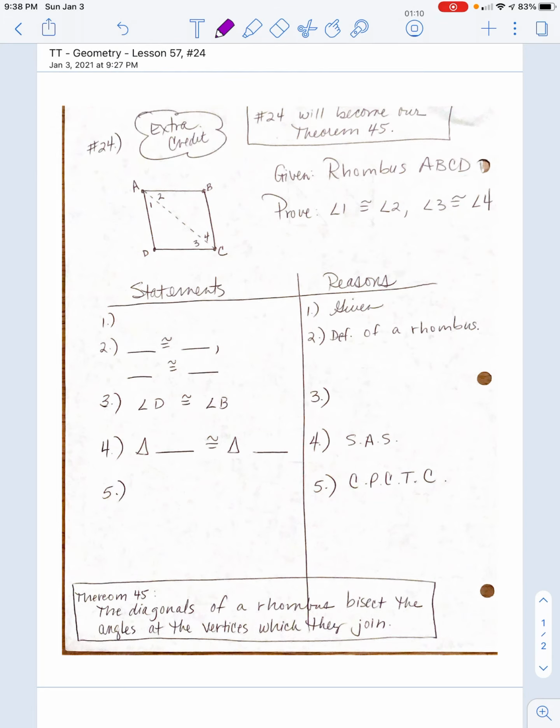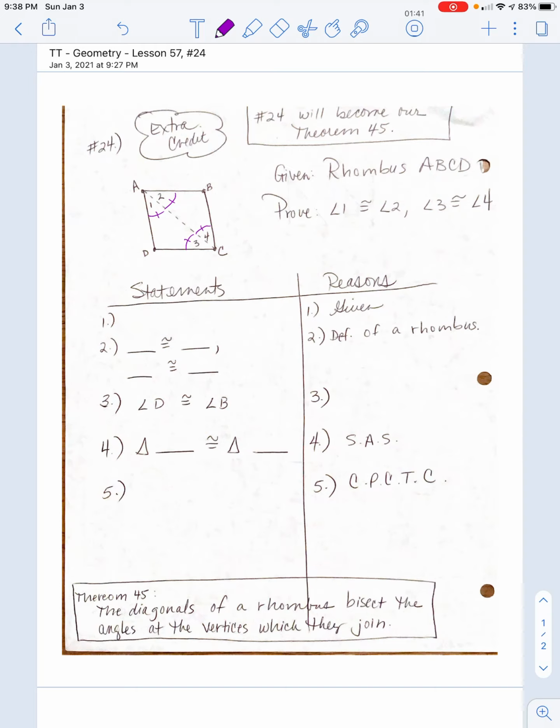We're trying to prove that angle 1 and angle 2 are congruent to each other, and angle 3 and angle 4 are congruent to each other. So I see here that we've got two triangles that are created with that diagonal inside the rhombus. So we're probably going to try to prove two congruent triangles first, and then when we do that, we're going to see how this turns out at the end.